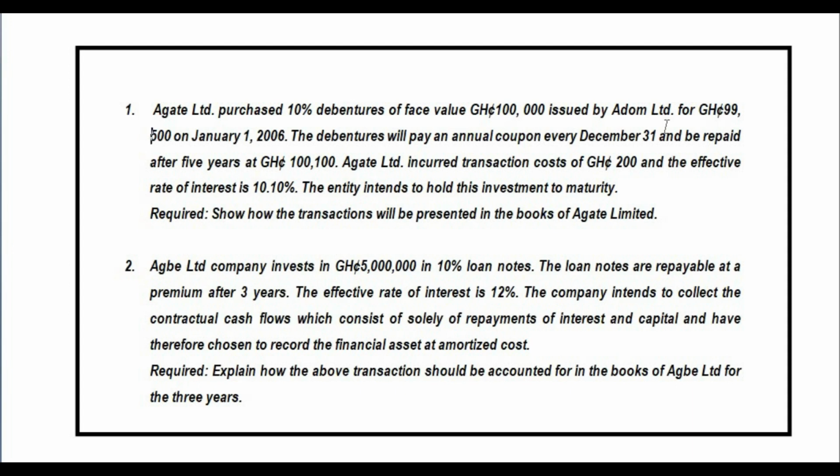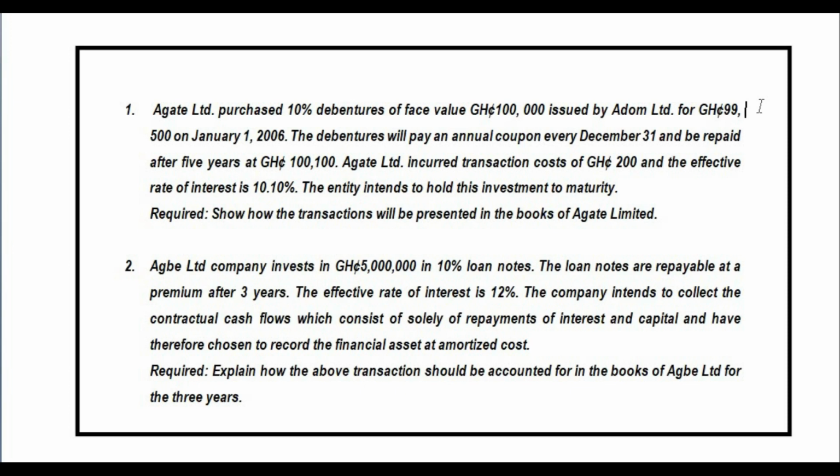Right. So we could see that the financial asset value is 100,000 cedis issued by Adom Limited or bought by Agate Limited, but it was bought for 99,500 Ghana cedis, which means that it was bought at a discount.